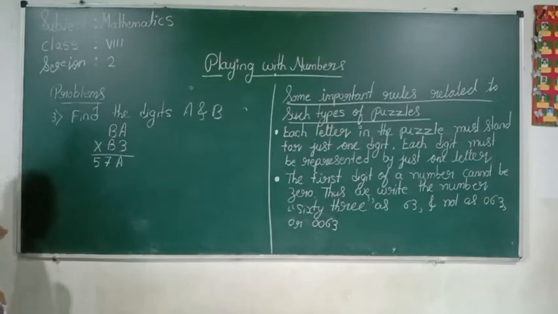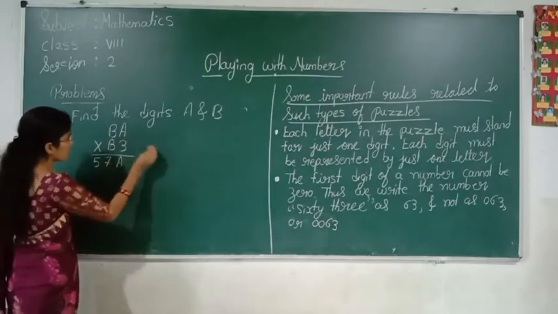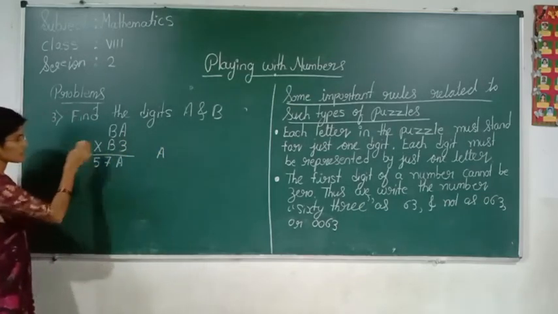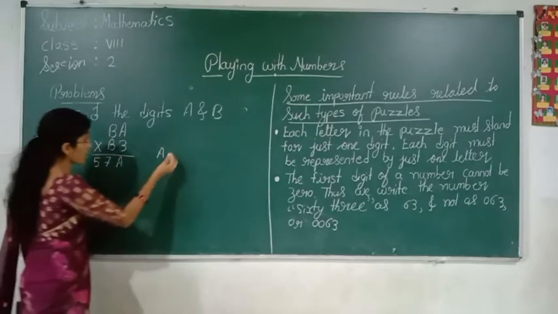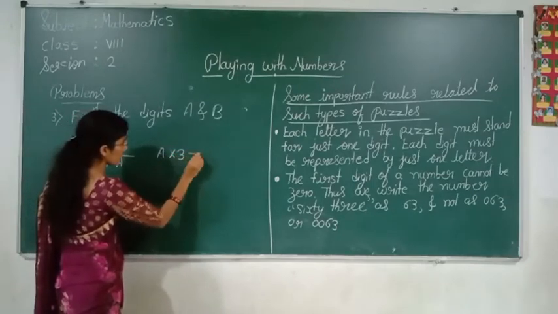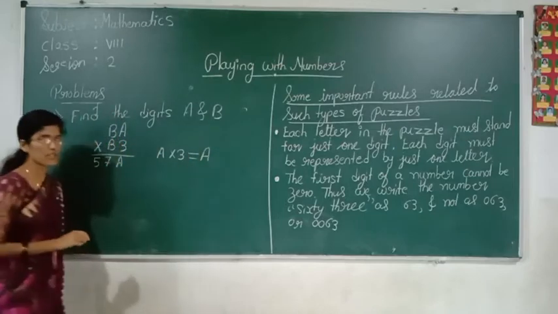Now see, students, here what A into 3 should be? A into 3 should be A. When is this possible?